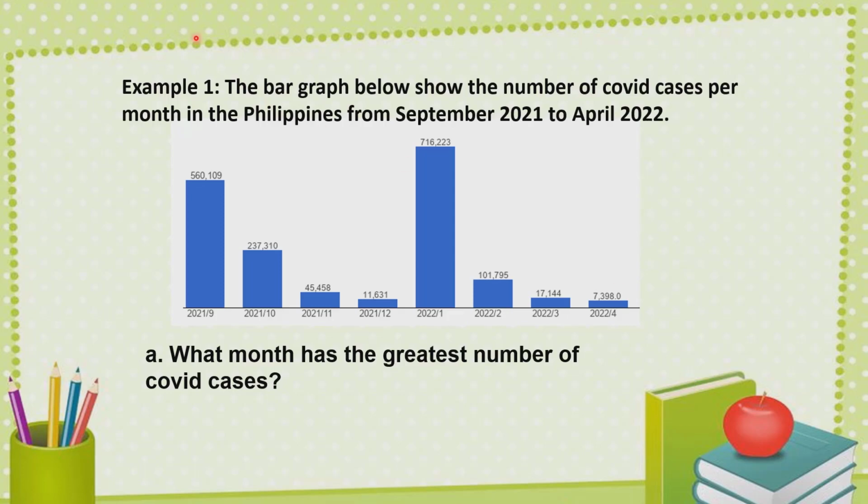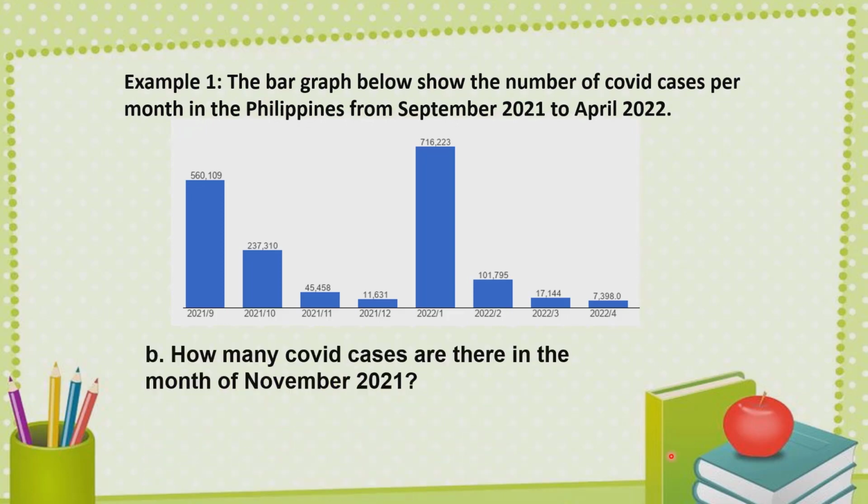We can see here in our table, the highest bar is in January 2022 with 716,223 COVID cases.